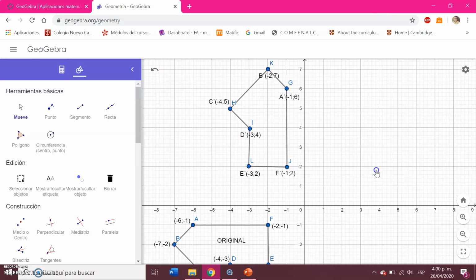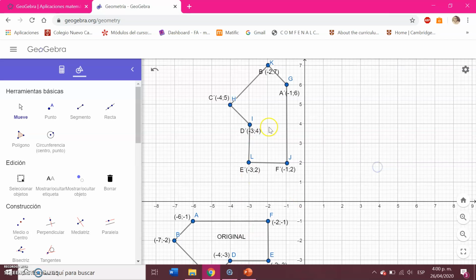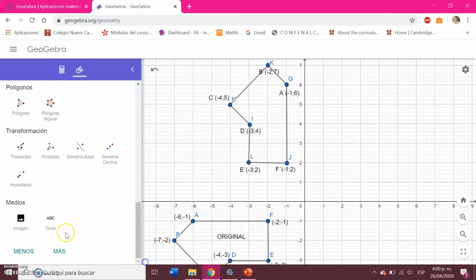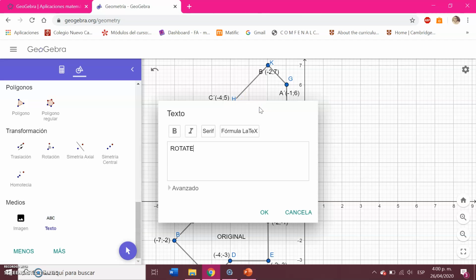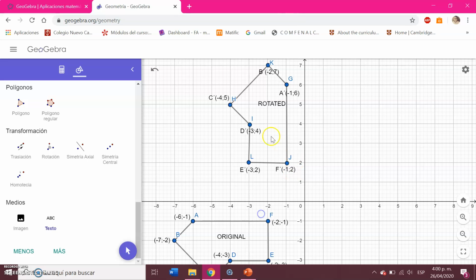Yes. Now, how can I prove? Well, let me first tag my rotated shape. I will put rotated. So anybody who checks my picture, they understand what I did.